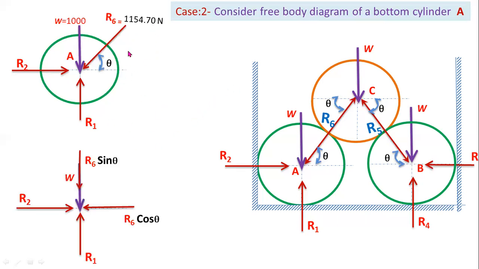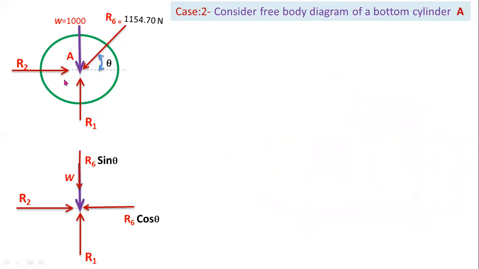After that, you have to convert this reaction force R6 into horizontal and vertical components. So here R1 is the vertical upward reaction force, R2 is the horizontal rightward force, and W equal to 1000 newtons is the vertical downward force. Now this inclined force lies in the first quadrant.